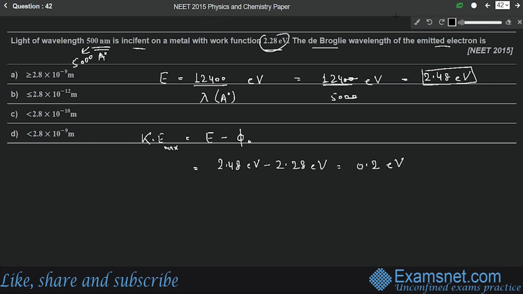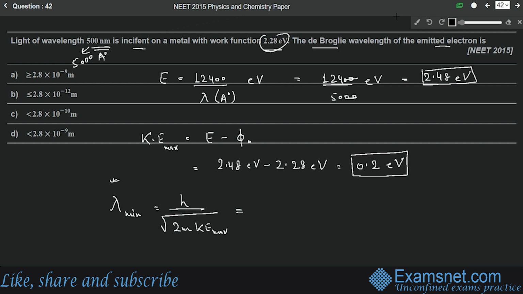This is the maximum kinetic energy. Now why have we calculated maximum kinetic energy? Because we know that the minimum de Broglie wavelength can be h by under root 2m into maximum kinetic energy. Okay, h by under root 2m kinetic energy maximum is equal to the minimum wavelength of the emitted electron.